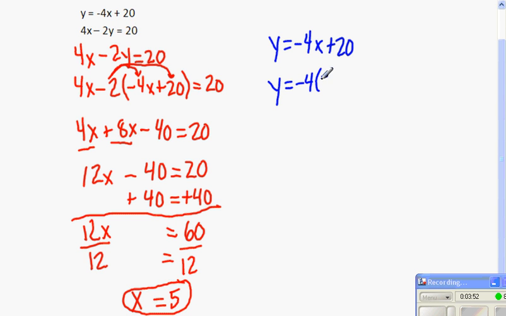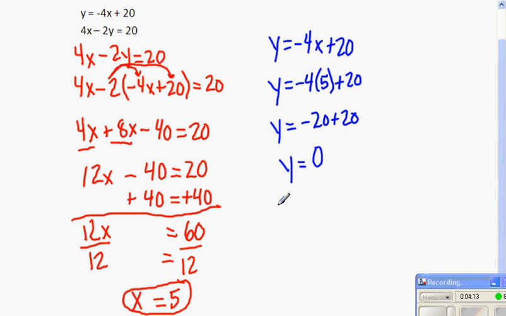So y equals negative 4, and for x, we put in 5, plus 20. We get y equals negative 4 times 5, which is negative 20, plus 20. And we have y equals 0.